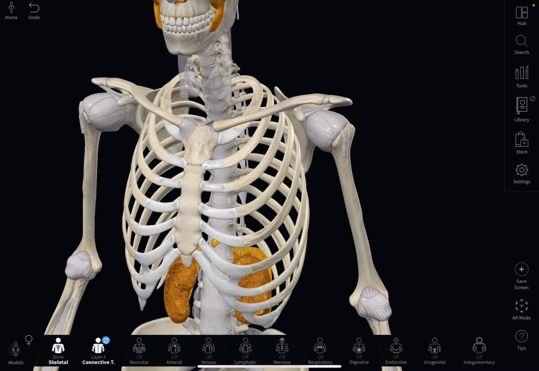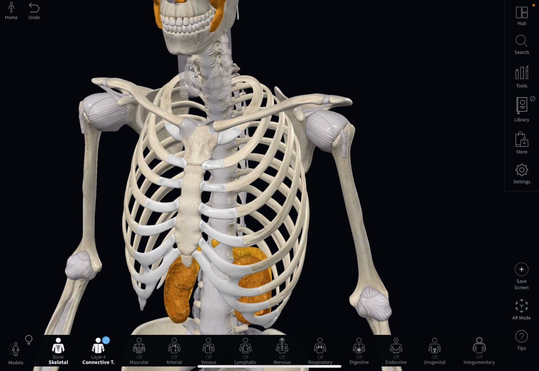Now when you rotate it, we can see the posterior surface, right? That's the posterior surface of the medial two-third. We can see the superior surface when we look at it from above, and when we look at it from below, we can see the inferior surface. So this medial two-third presents four surfaces: anterior, posterior, superior, and inferior.